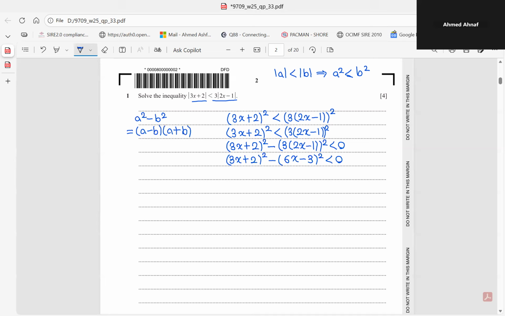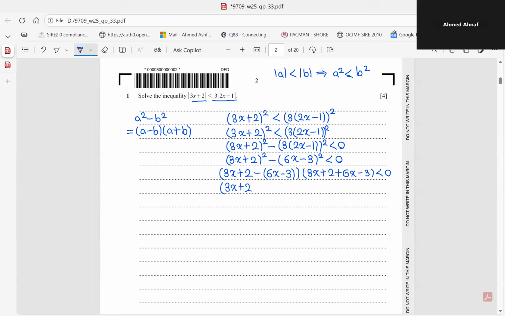Our a is 3x plus 2 and b is 6x minus 3. So a minus b would be 3x plus 2 minus (6x minus 3), and then a plus b would be 3x plus 2 plus (6x minus 3), less than 0. Let's simplify everything inside the brackets.